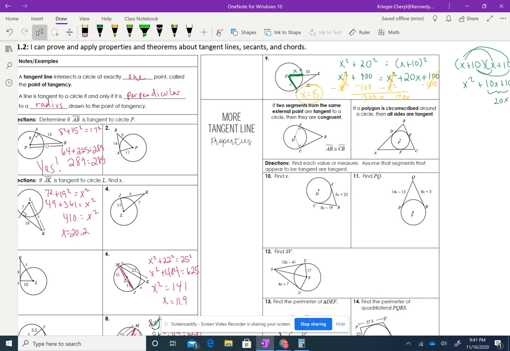All right, so we have more tangent line properties. The next one says, if two segments from the same external point are tangent to a circle, then they're congruent.